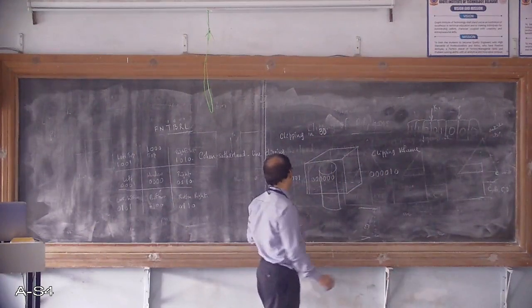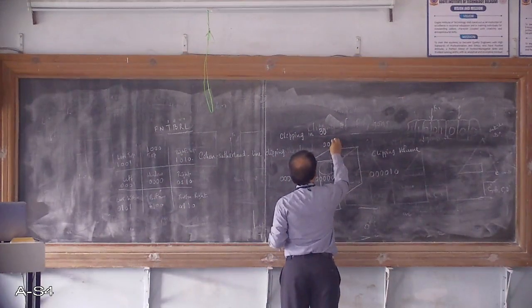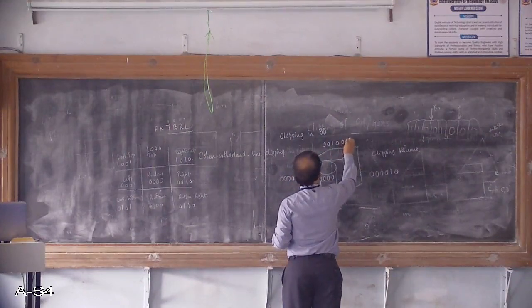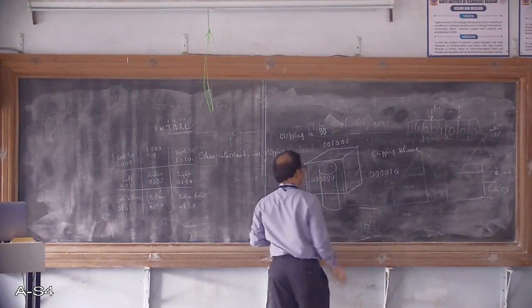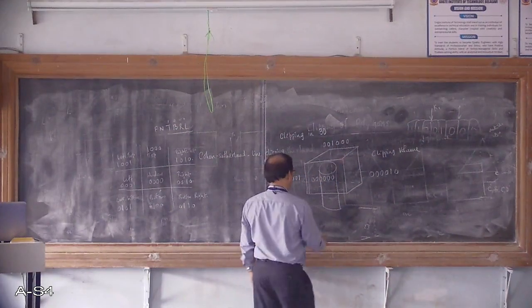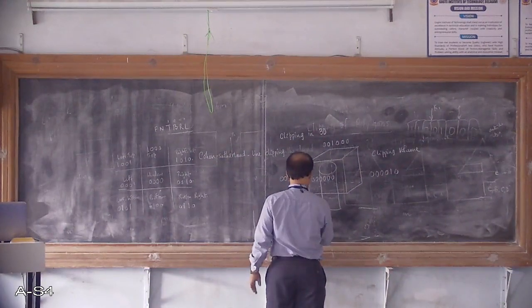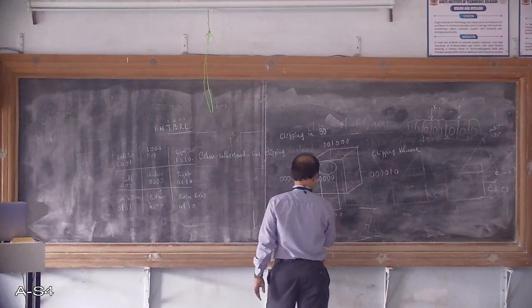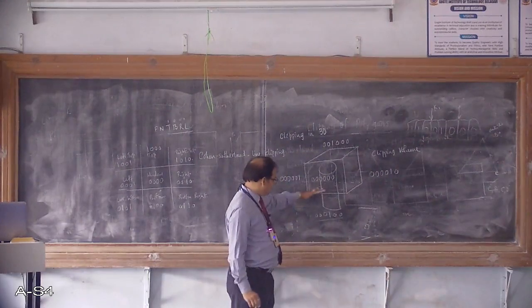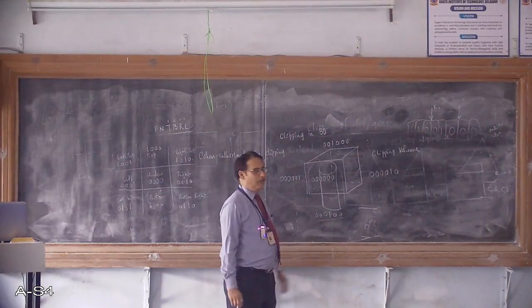Anything to the top will have a boundary code 0 0 1 0 0 0, and anything below the clipping window will have the bottom bit as 1, that is 0 0 0 1 0 0. This is the 6-bit code for any object lying below the clipping volume.